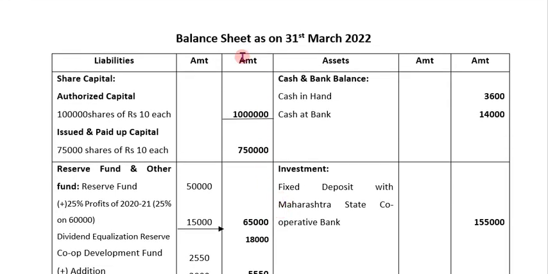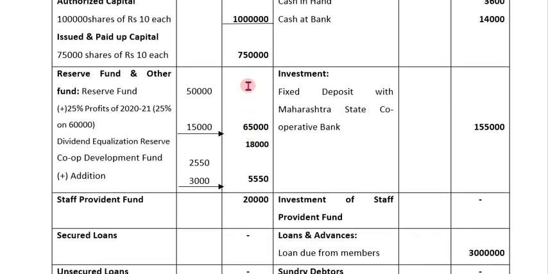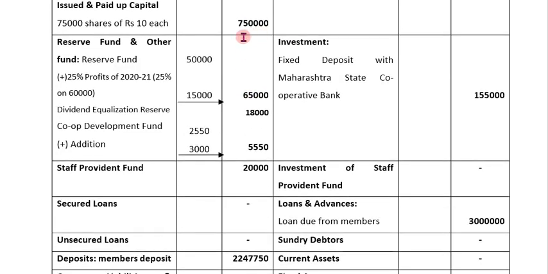Now tally the balance sheet. Check the liability side and asset side whether they are the same or not. Now on the liability side, for the calculation there is no need to take the authorized capital amount. So take the share capital amount.